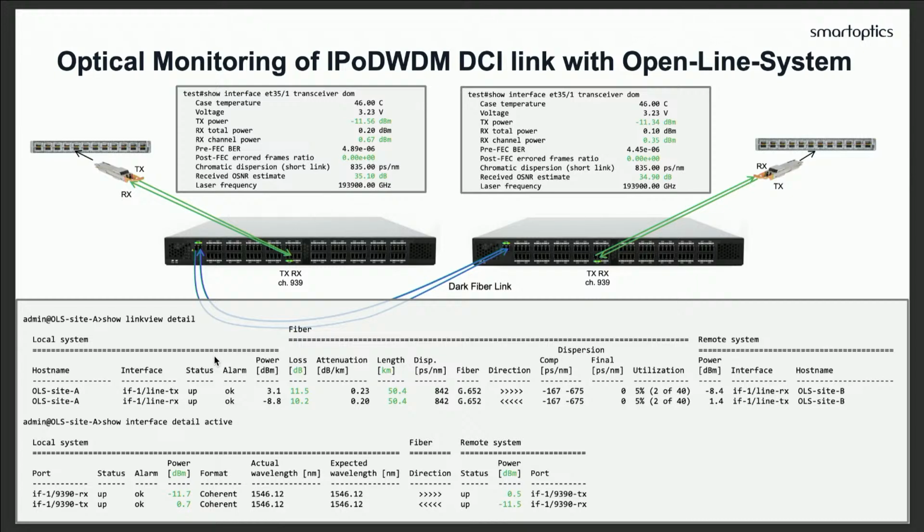With today's optics, we can actually see pre-FEC bit error rate, and we can see OSNR from most host systems, and that gives us a very good measure of the quality of the link. We could even get early warnings when layer 1 isn't performing well. If it goes even worse, layer 2 or layer 3 will be affected as well.